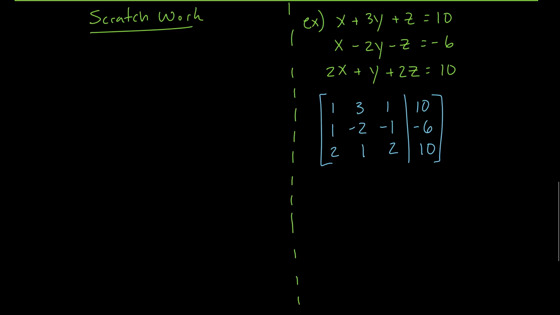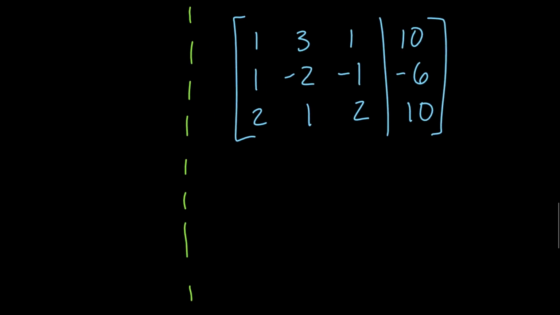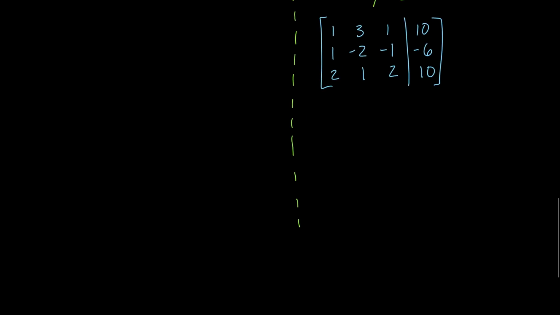All right. So, what do we need to do first? Left to right, good. So in our leftmost column, we have a 1, which is great. What now needs to happen? I need to do what below the 1? Make these zeros. Now, you can do 2 operations in one go. So, I already have the 1 up top. Now, I can somehow get this second row to be a 0. How would I do that?